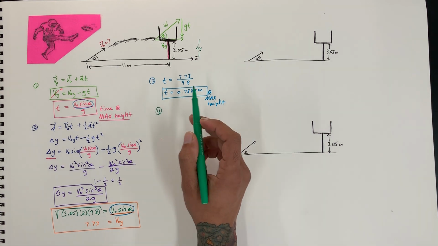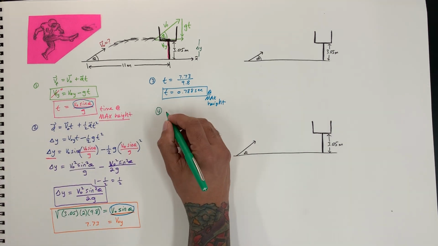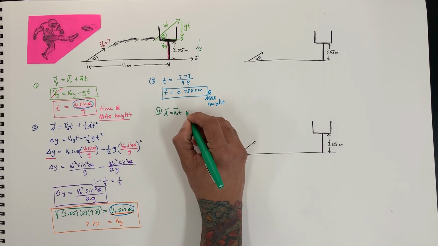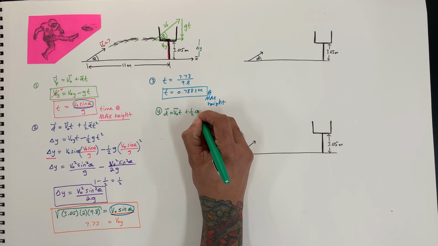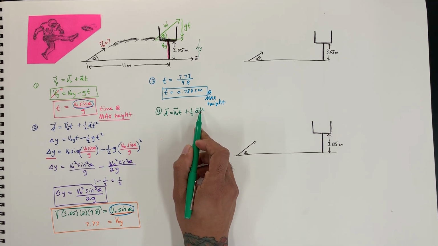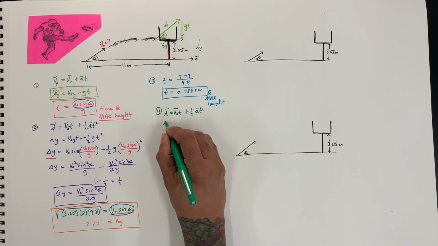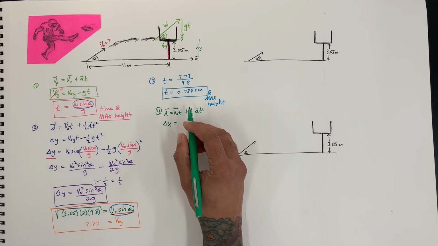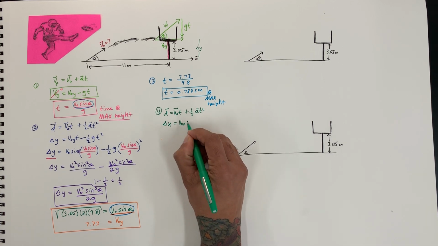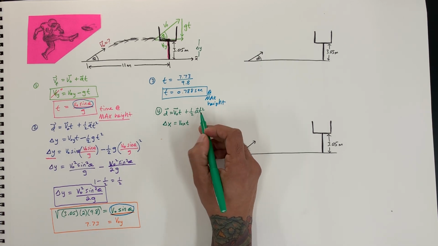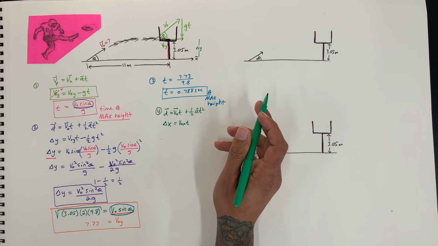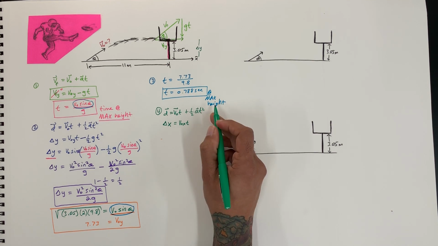So now step 4, let's use the vector equation again, and this time let's solve it for x. We're going to do the change in x is equal to v initial in the x times time, and we already know that this term here, acceleration in the x, is going to be 0, so I'm not going to write it this time.